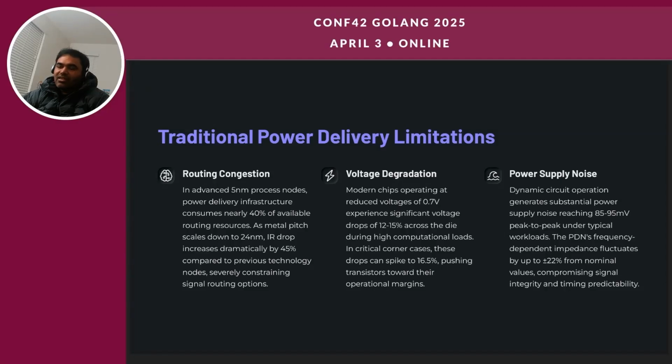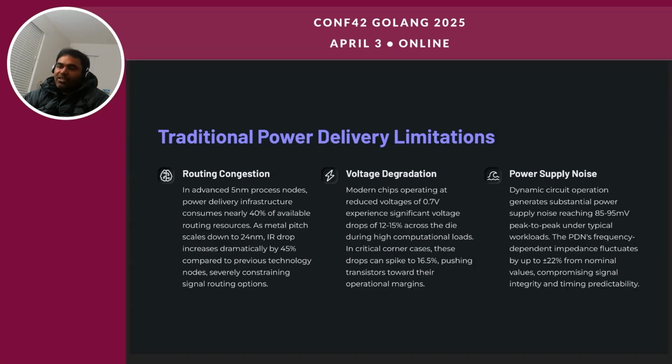So this is another disadvantage of the front side. There is also power supply noise. Currently the dynamic power circuit operation generates substantial power supply noise reaching 85 to 95 millivolts peak to peak under typical workloads. This is in regular, normal power domain supplies, with impedance fluctuations of 22% from nominal values.